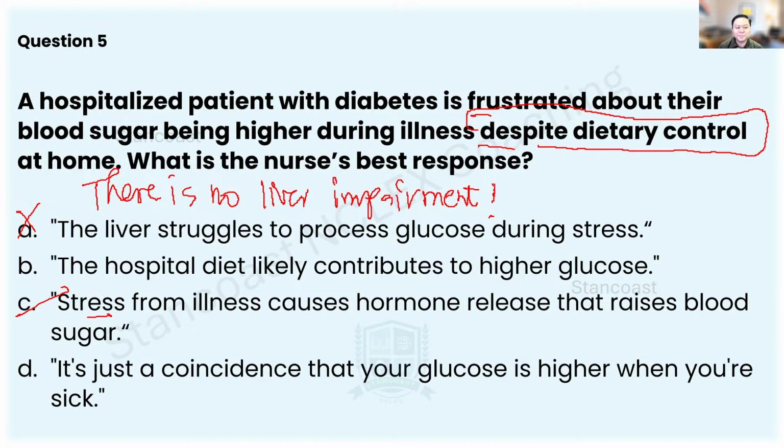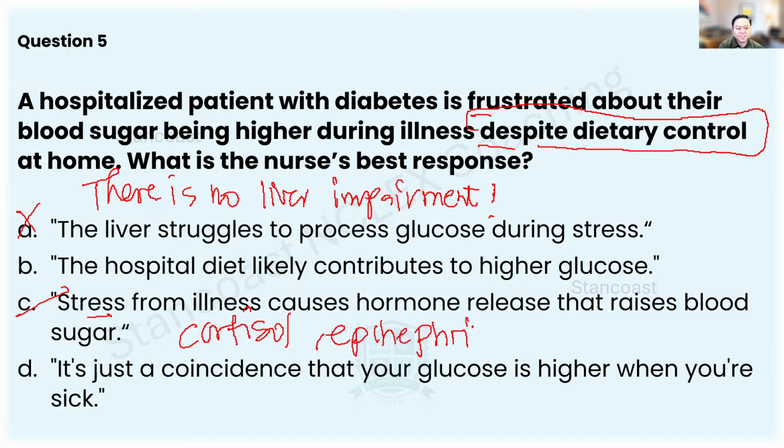Remember about the hormones that will stimulate the production of blood sugar, or the breakdown of glycogen, or the conversion of other sources into glucose. Remember that. So the hormones that we're talking about here are cortisol and epinephrine.